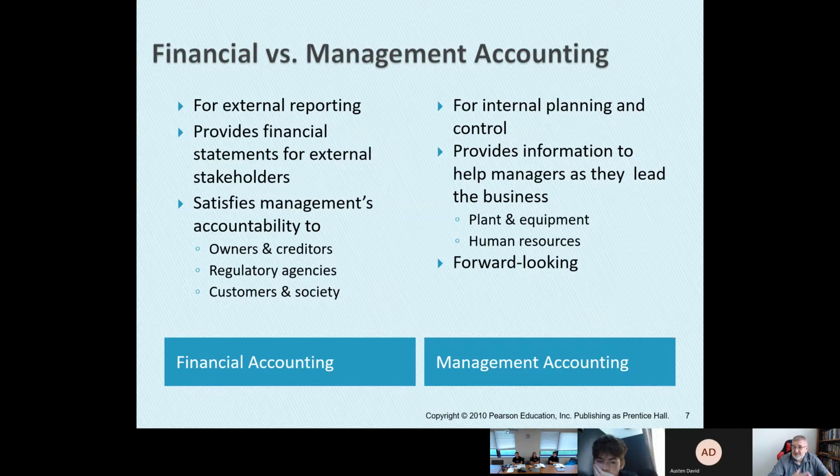Okay. So what is financial accounting versus management accounting? Financial accounting, that's the stuff on that left-hand side. And we're going to kind of run down that real quick. So financial accounting is an external reporting. The statements that come out for audit statements, the profit and loss statement that shows to our creditors, to the people at the bank. If we're a publicly held company, to the people that are thinking about buying stock in our company.